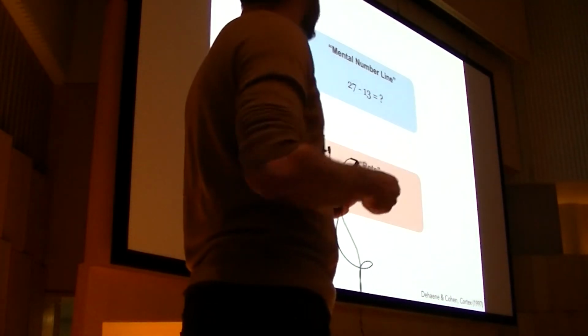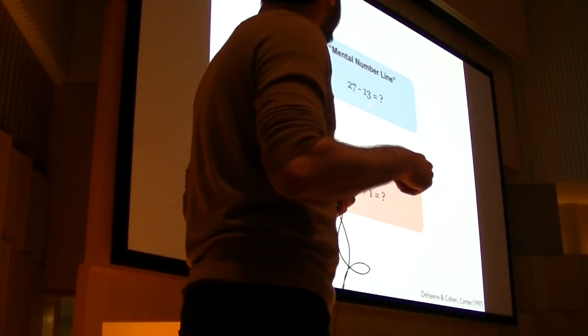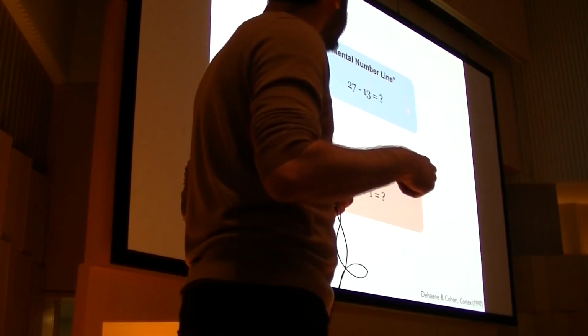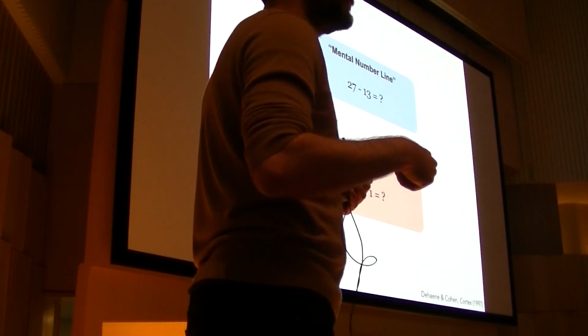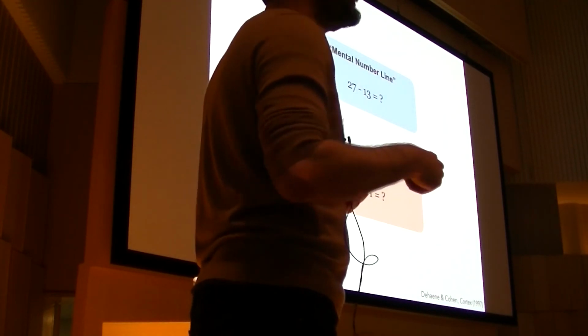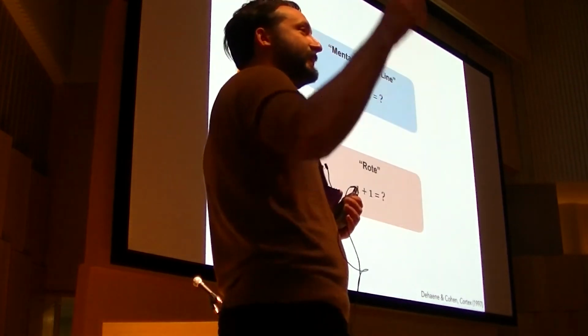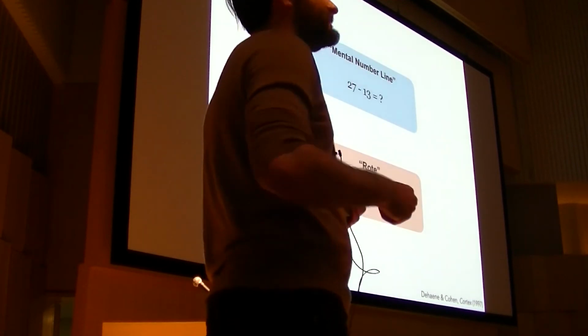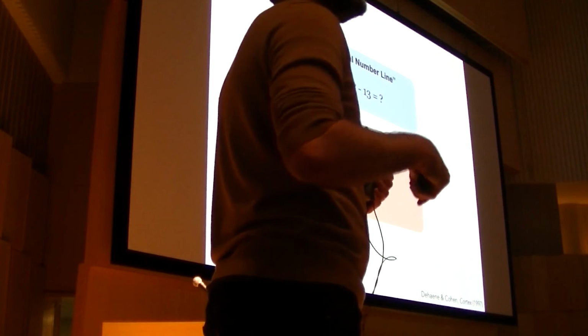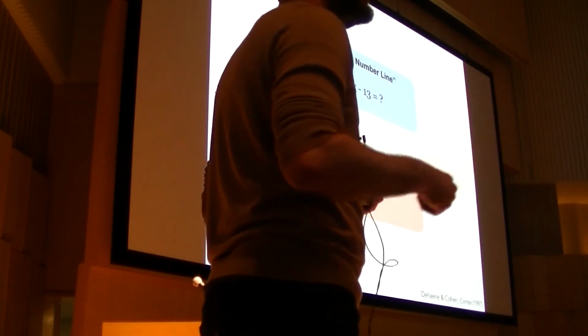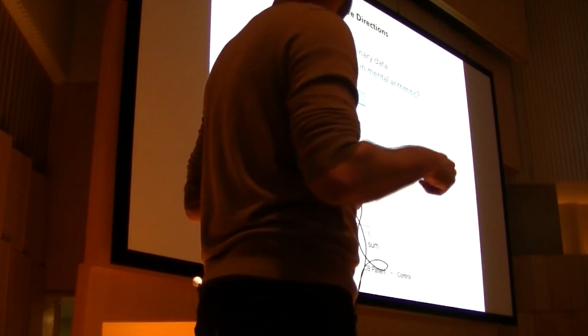In the cognitive psychology literature, there's a nice dissociation between operations you do parametrically on a mental number line. If you're doing 27 minus 13 right now, you're probably using some kind of spatial representation. If I ask you what's 1 plus 1, that's probably just sitting in your rote memory. You don't need to do an operation for that, just retrieval.